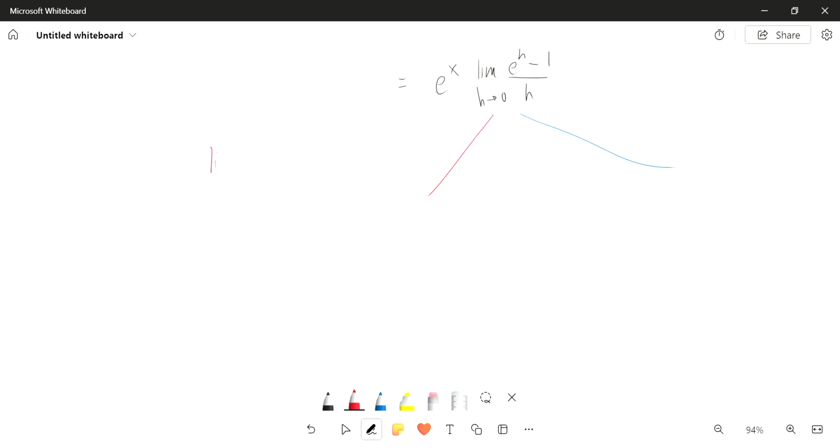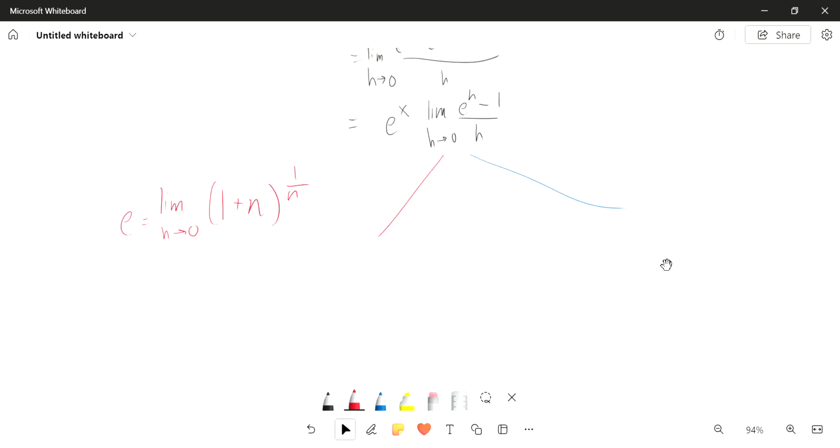So, like I said before, e is defined as the limit of 1 plus n to the power of 1 over n as n approaches 0. In this case, n is h. So, what we can do is, this would just be equivalent to e to the power of x multiplied by the limit as h approaches 0 of 1 plus h to the power of 1 over h, all to the power of h minus 1 over h.